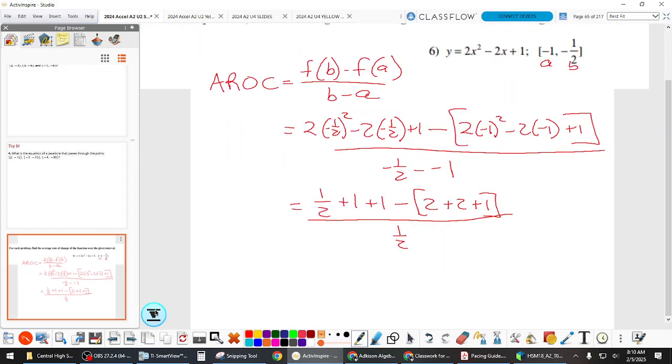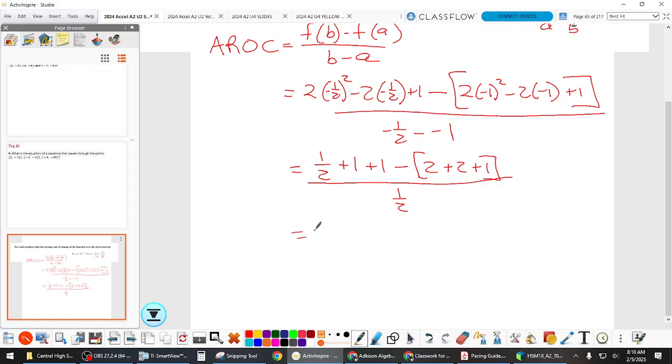Okay, continuing on. Positive 1/2 plus 2 is what? It's 2 1/2. But what is that as an improper fraction?